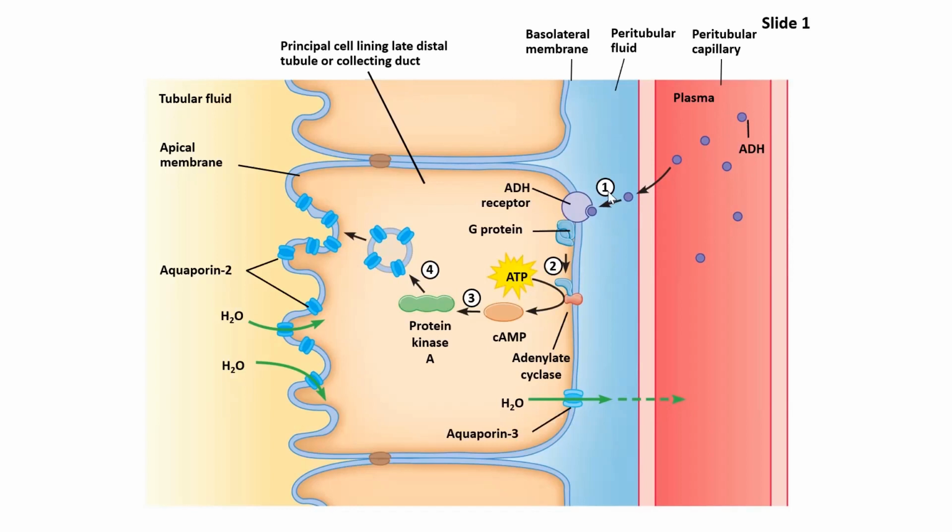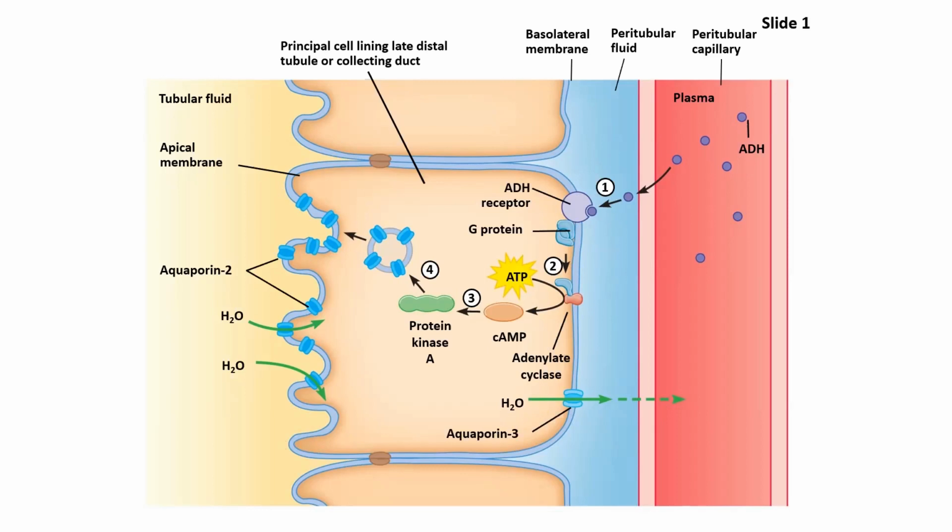Now that is going to make its way all the way to the kidneys, and it's going to bind to its receptor on the principal cells of the distal tubule and the collecting duct. These very specialized cells are called principal cells, and this is where the unique receptors that will bind this ADH are located. So ADH circulating in the plasma can bind to this receptor.